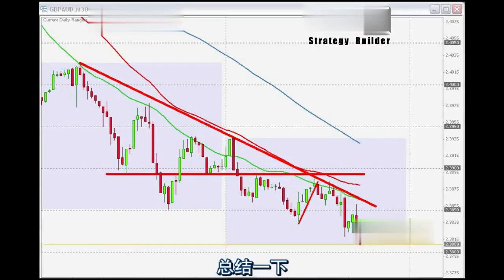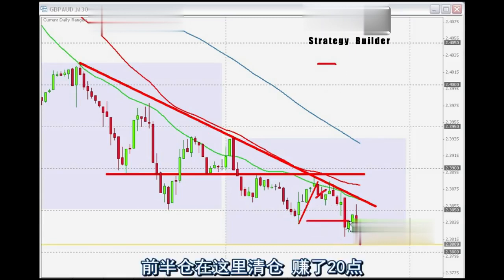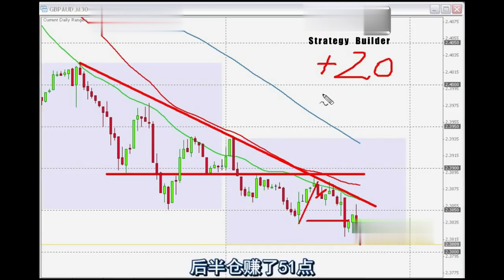Well, that's it. Recapping a little bit: entry was right there, exited right there for plus 20 pips in the first half, and I just exited for plus 51 on the second half of the trade.